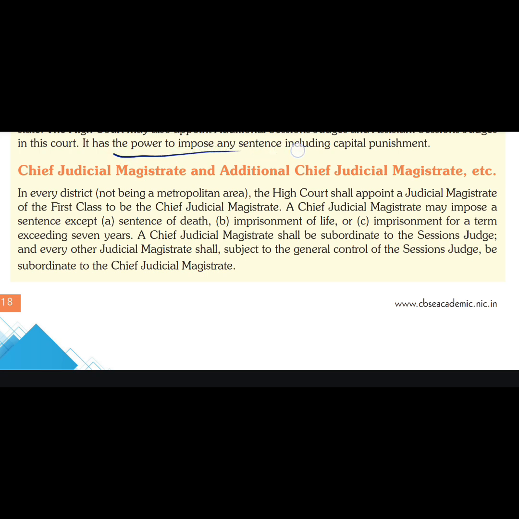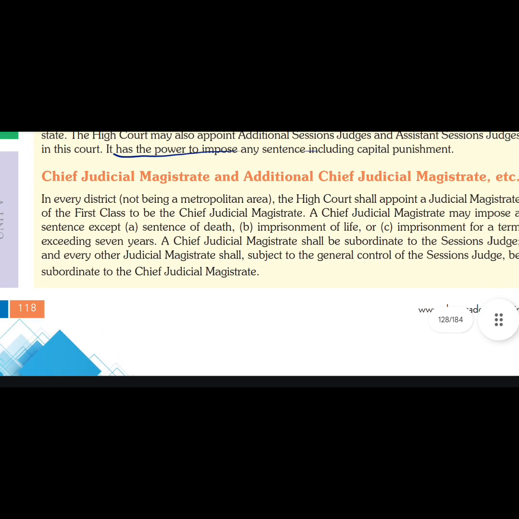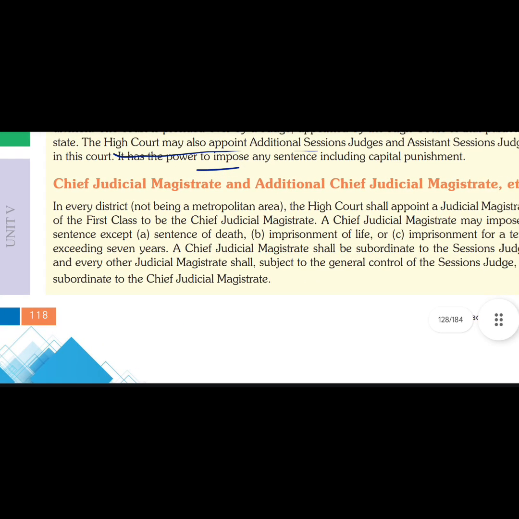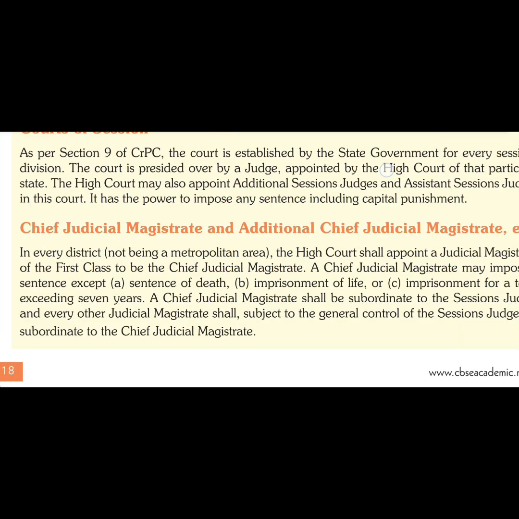The sessions court had the power to impose any sentence which included capital punishment, right? The sessions judge can also impose capital punishment, but over here it can only impose a sentence which is less than 7 years.